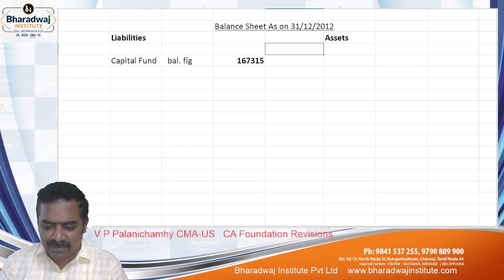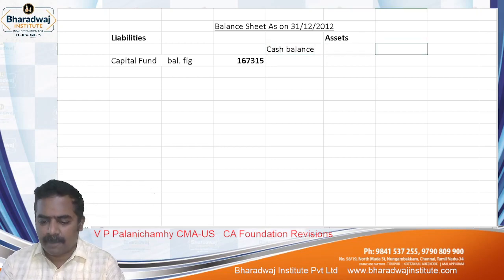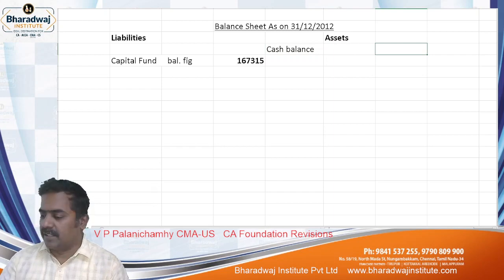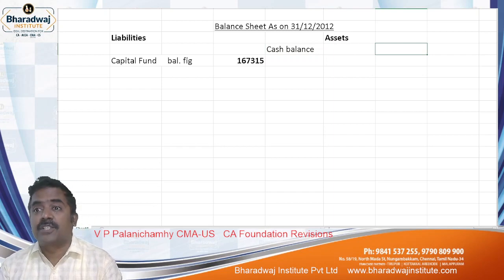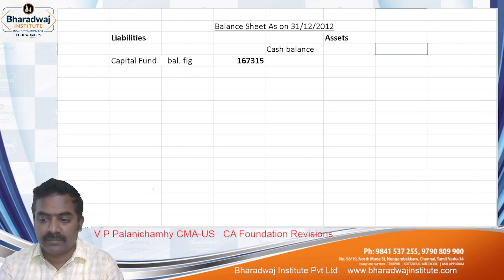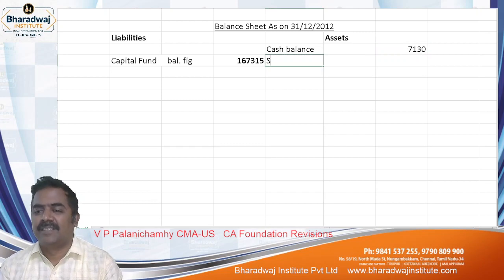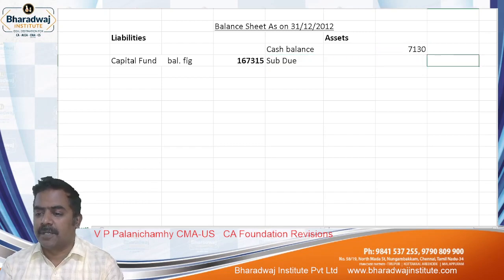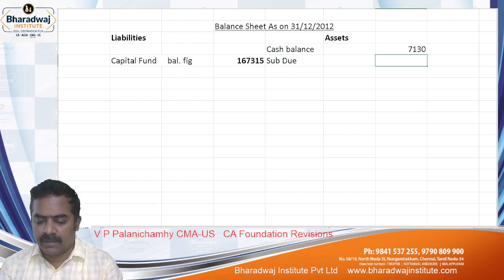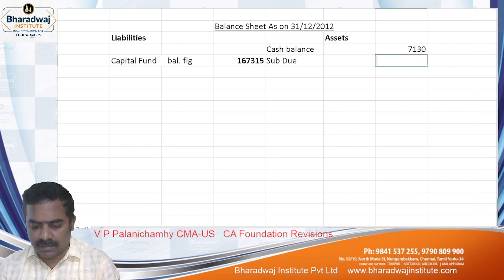Start. What is the cash balance? Okay. What is the opening balance of cash? 71? First tell me. Next, the assets. Subscription due, what is the opening balance? 240.